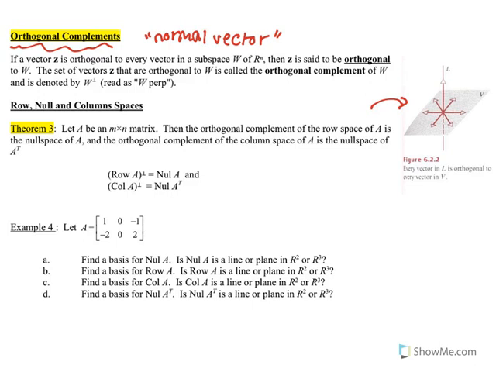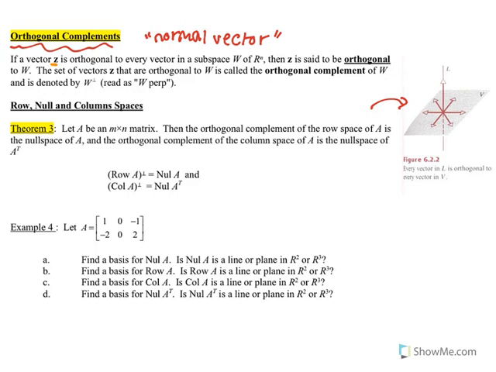There are so many, which is why we want to describe it with a basis, and this is why we're going back to chapter 4, or I want to describe it as some kind of scalar or parametric set of solutions. So the vector z is orthogonal to every vector in a subspace. Okay, and here we've displayed it as a plane because that's the easiest to visualize.